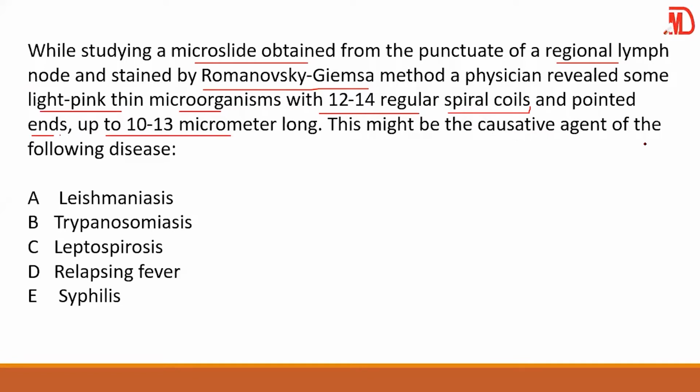This might be the causative agent of the following disease. Unfortunately, with this kind of question, if you are not familiar with it, the probability that you will get it wrong is high, because these microorganisms have regular spiral coils, which you hardly ever see.